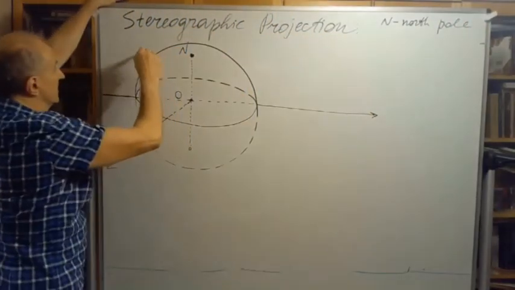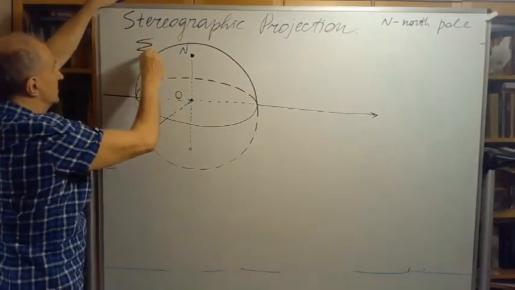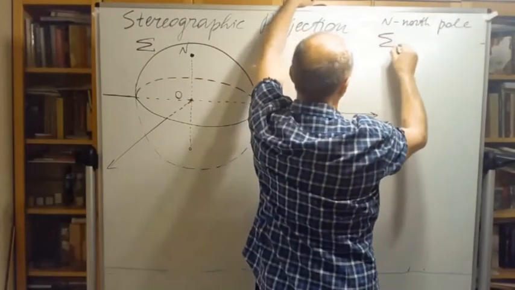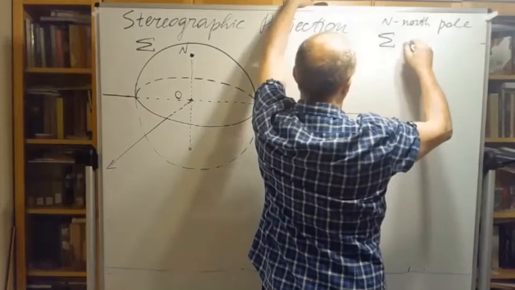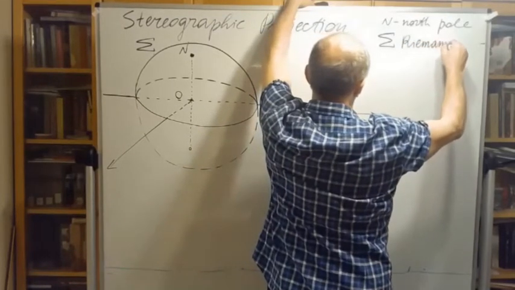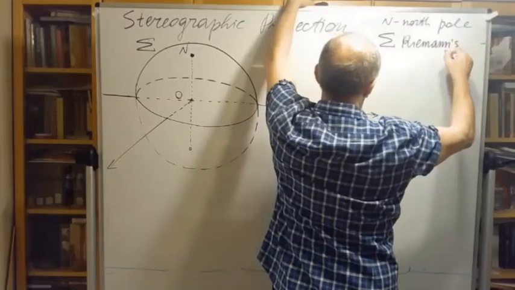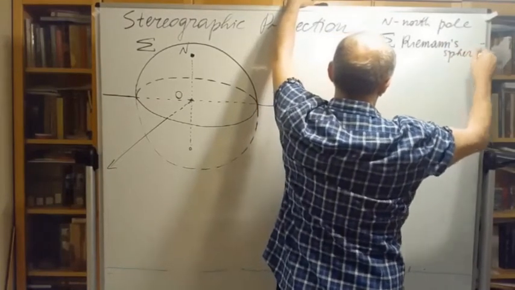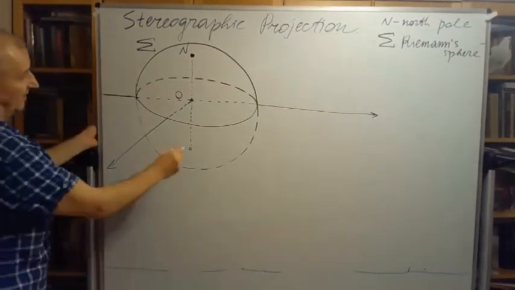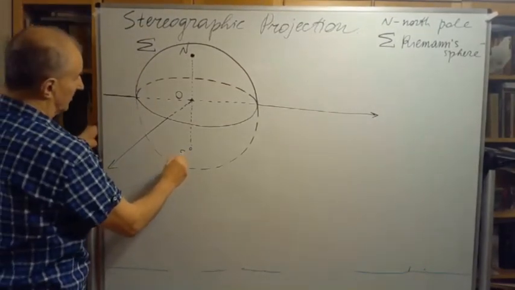The whole sphere I will denote sigma. This sphere sigma is called the Riemann sphere. This is of course the south pole.